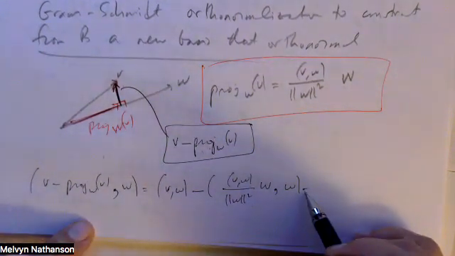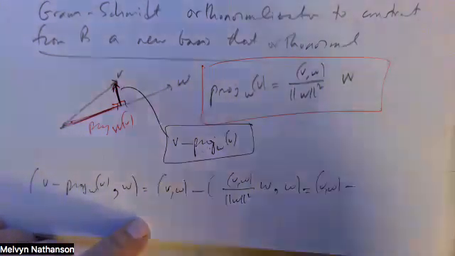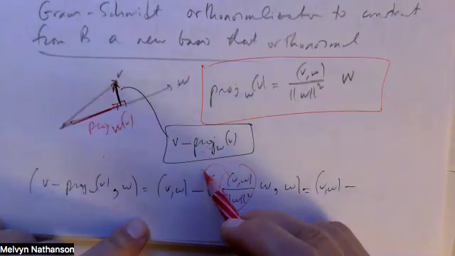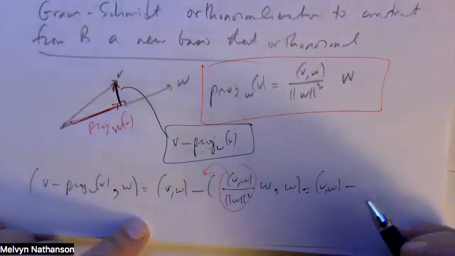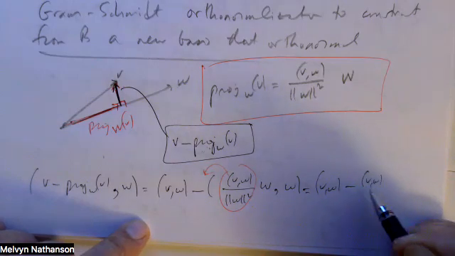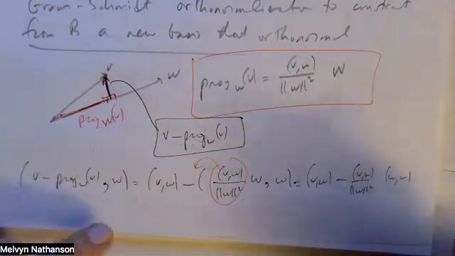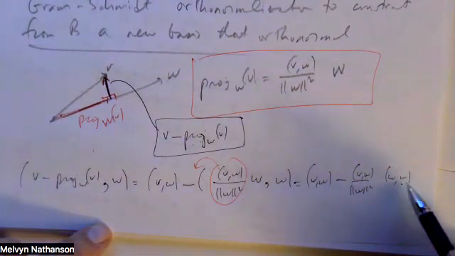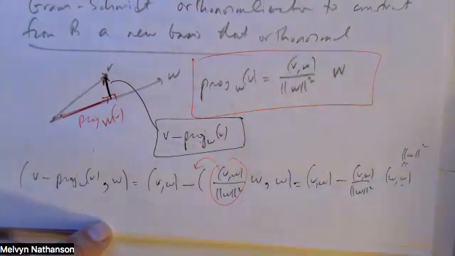And what is this? This is <v,w>, this is just a scalar. I can take it outside the inner product symbol. So minus <v,w> over the length of w squared, inner product of w with w. The inner product of w with w is the length of w squared.